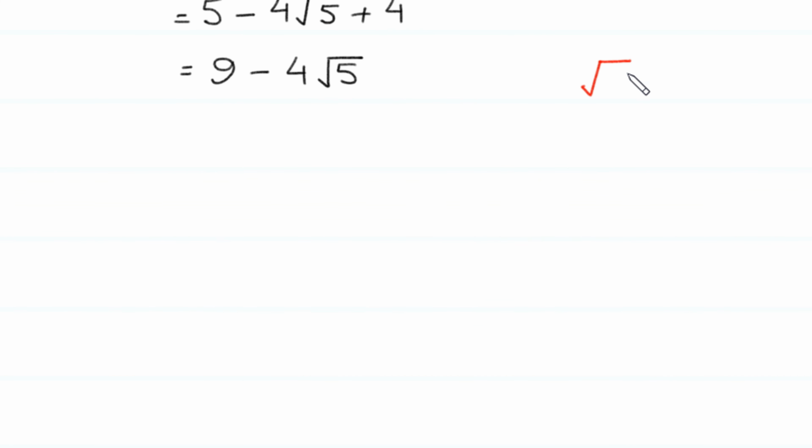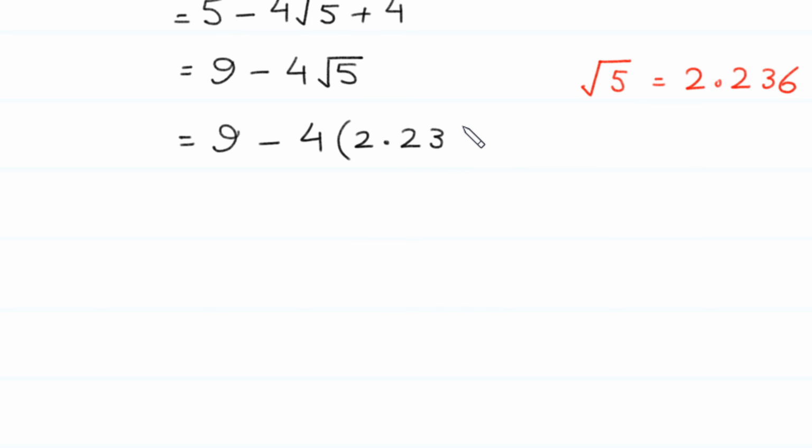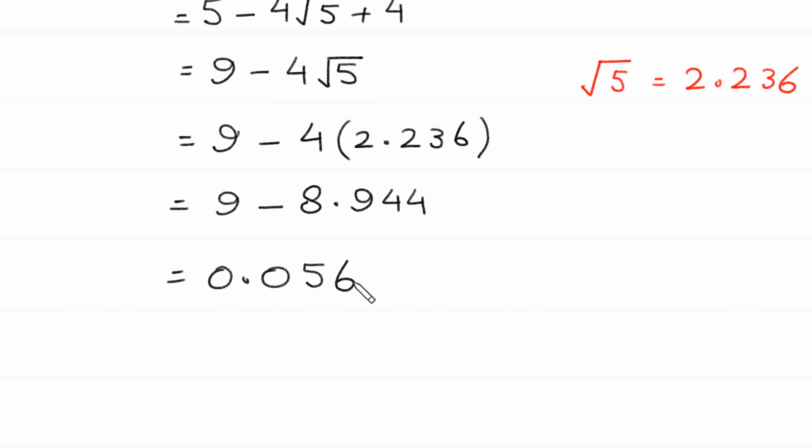Now square root of 5 is equal to 2.236. So 9 minus 4 times value of square root of 5, 2.236, that is equal to 9 minus 4 times 2.236 is 8.944. 9 minus 8.944, 0.056.